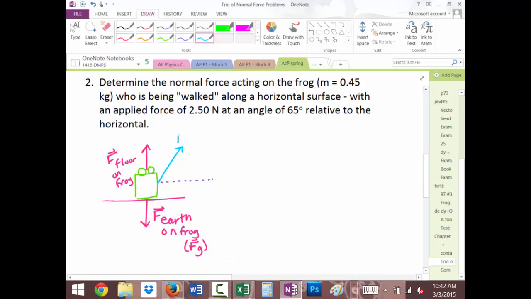And that's the force of, he said, the leash on the frog. And because it's not anything else that we've talked about, I'm going to call that just an applied force. That's kind of like my basic answer for anything that's not anything we've specifically talked about before. Are we okay there so far?